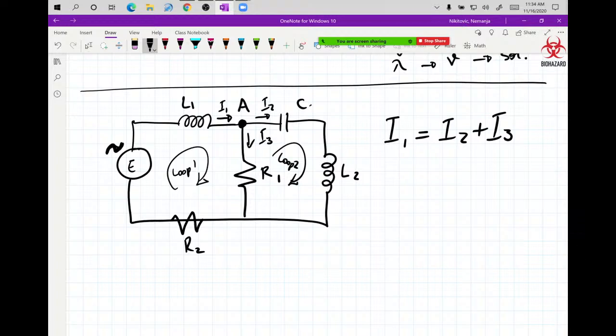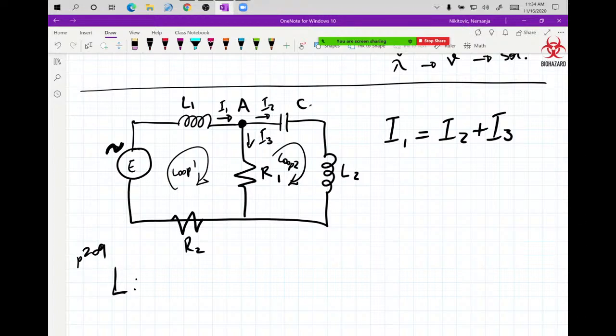Oh, it was back in 3.7. There it is, page 209. So those of you going into electrical engineering, you have to know this.